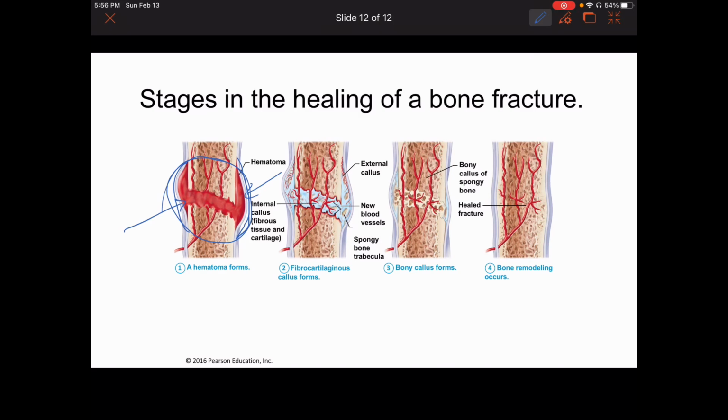That blood clot evolves into this new tissue, where fibroblast types of cells come in and start putting down cartilage, right? Fibrous tissue and cartilage, just to keep everything together and provide a scaffold for these brand new little centers of ossification where the trabecular bone is laid down.